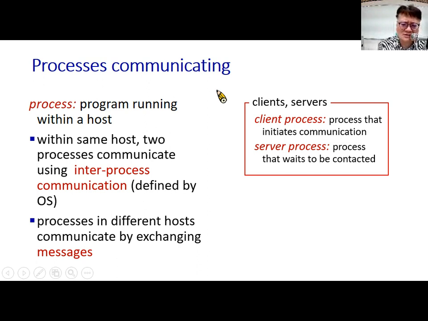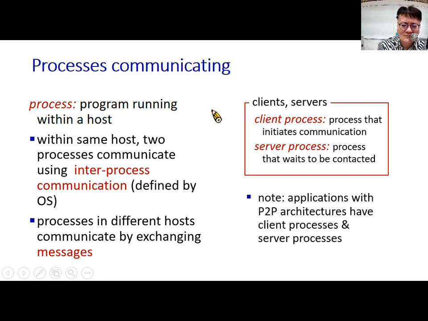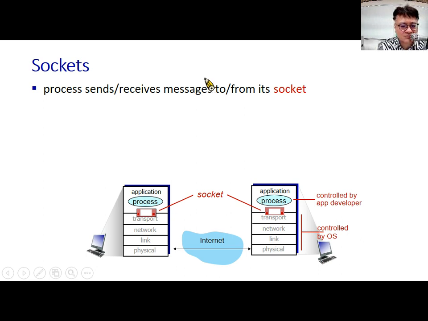The client process initiates the communication, and the server process waits to be contacted. So you can see an application with the P2P architecture has both client processes and server processes that exchange messages.